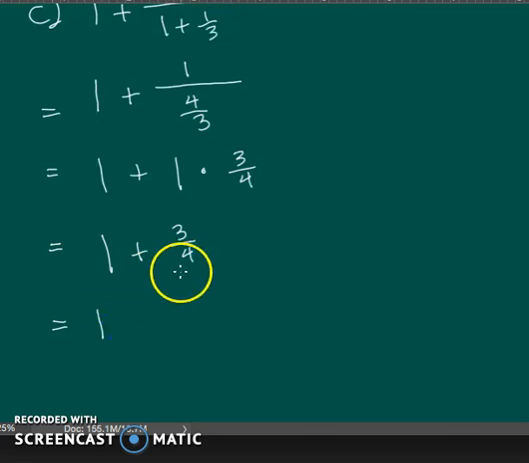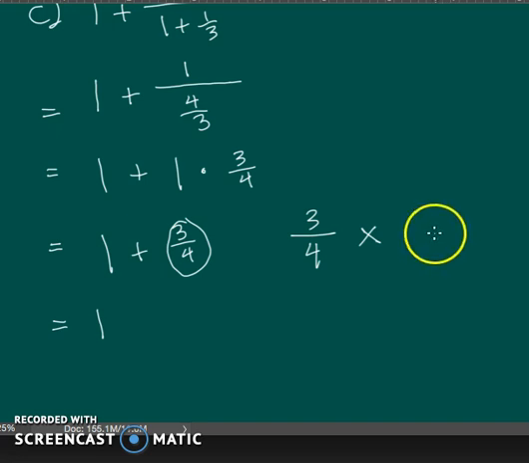And I'm going to try to express the denominator here in terms of a power of 10. So which power of 10 does 4 go into? Well, it doesn't go into 10, but it does go into 100. So what do I have to multiply 4 by in order to make it 100? You guessed it, the answer is 25.